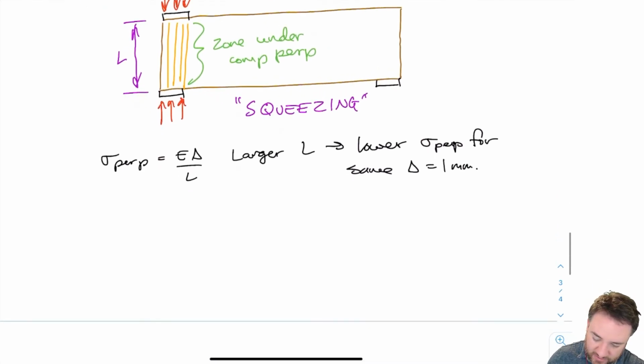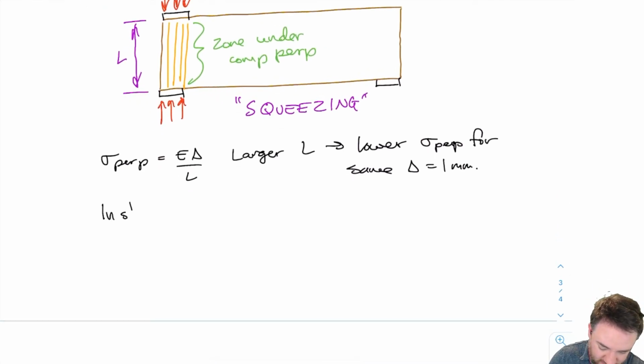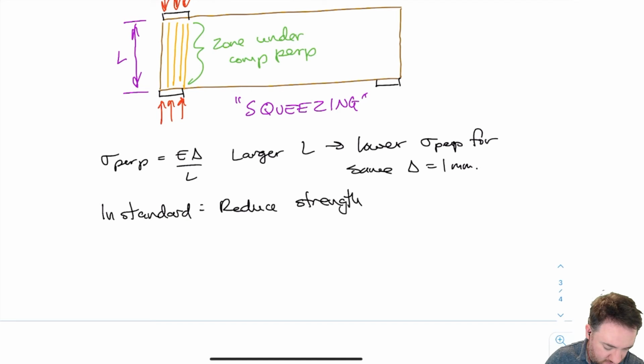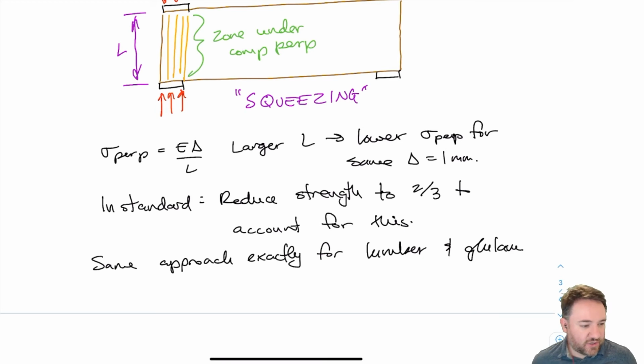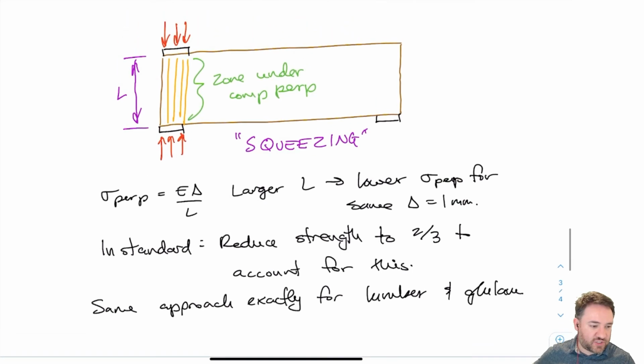Okay, so what do we do in the standard? In the standard, they apply a factor of 2/3. Based on test data, this is an approximate reduction, so they're going to reduce the strength by 1/3 in order to account for this effect of squeezing, only in the cases where we're experiencing that squeezing.